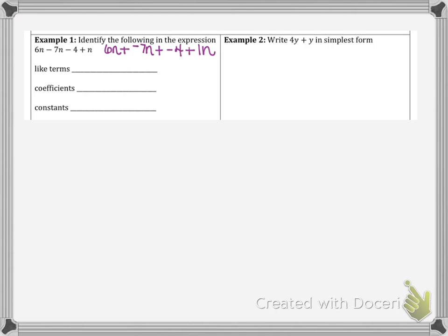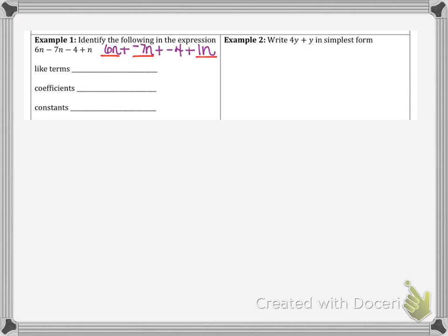Now looking at some of this vocab, the first thing is we want to look at which terms we can actually combine. Like terms have the same variables to the same powers. So the like terms in this expression are the 6n, because it has an n, negative 7n, again, because it has the n, and 1n.